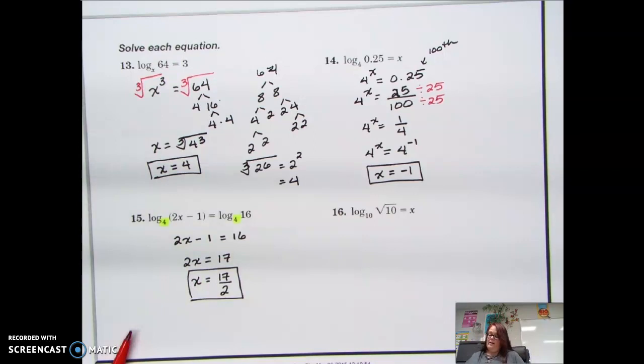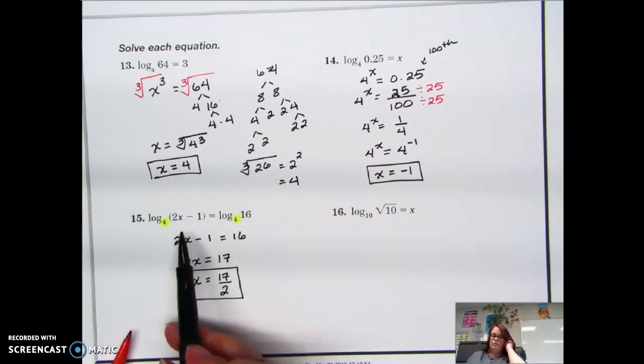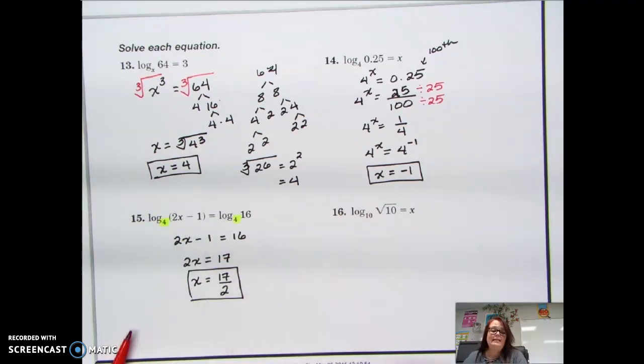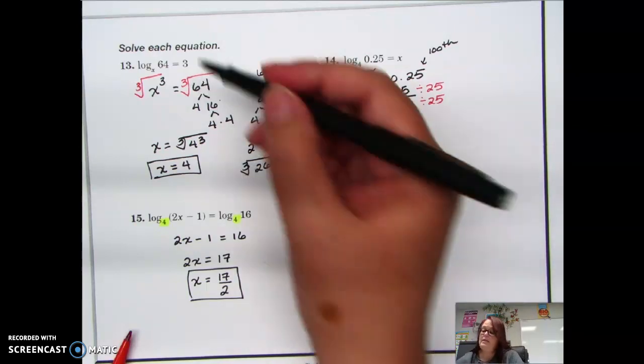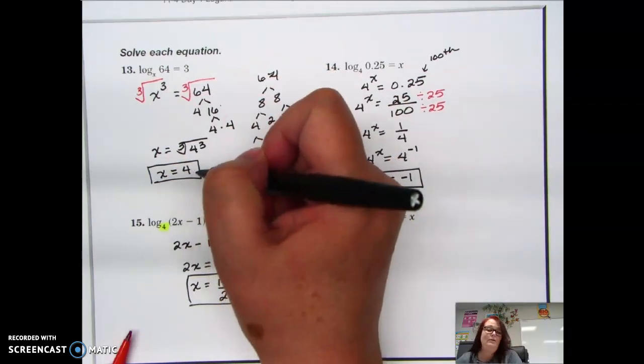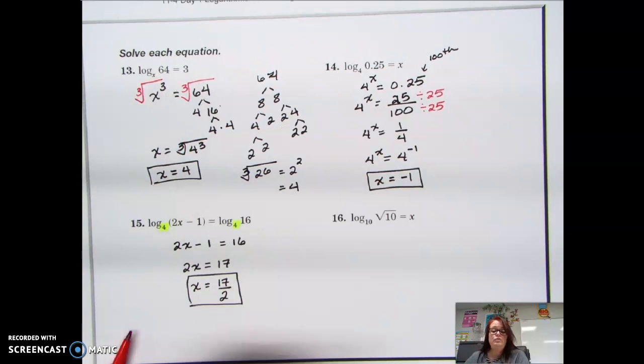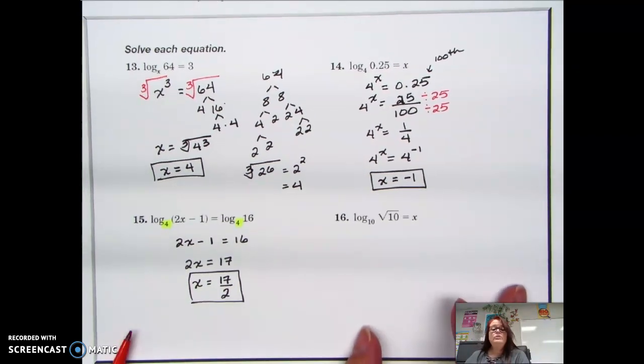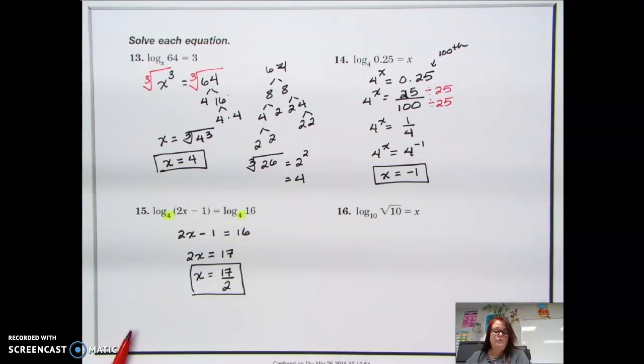And then just make sure that when you substitute it back in, you're not taking the log of a negative number. Same thing here. If I ended up with a negative here, then this would have been no solution because I can't have the base of a log be negative. So take a look at number 16 and see what you can do with that one.